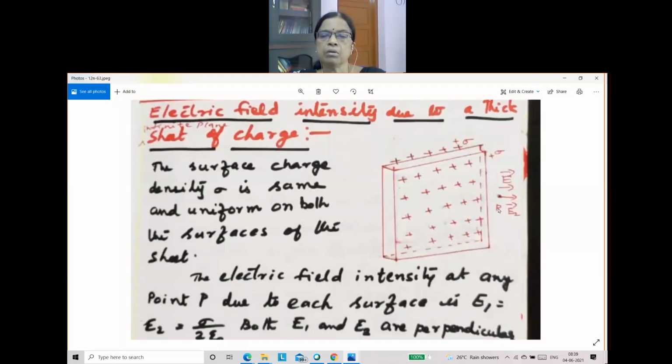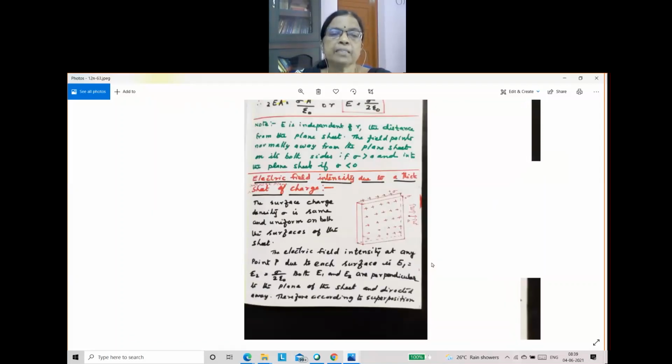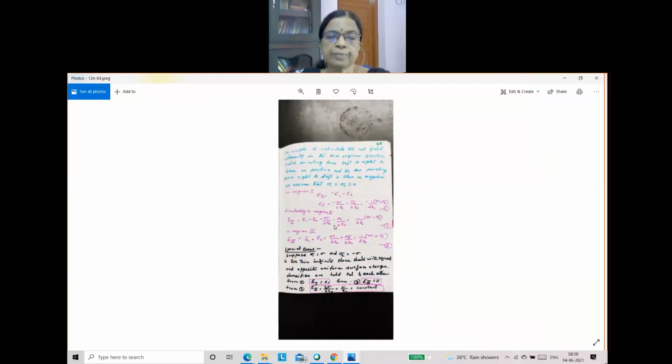So net field will be the sum of the electric fields, E1 plus E2. E1 is sigma by 2 epsilon 0. E2 also will be sigma by 2 epsilon 0. So you add them and you get the net electric field.